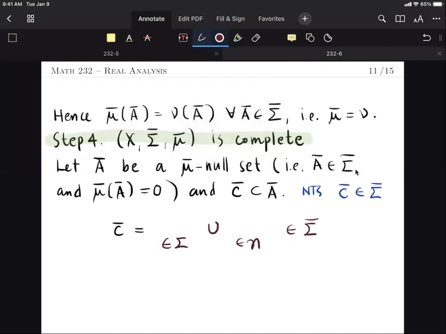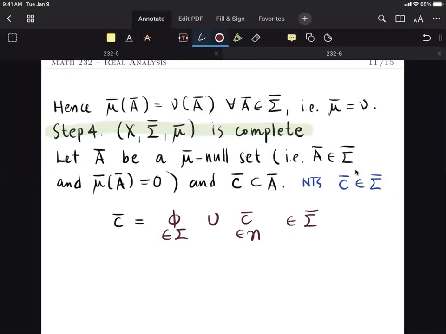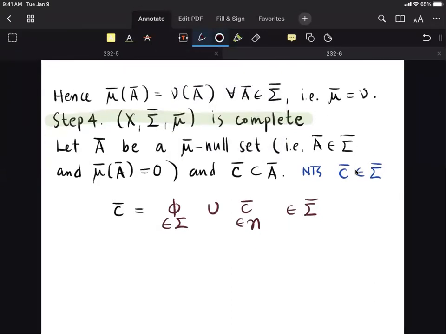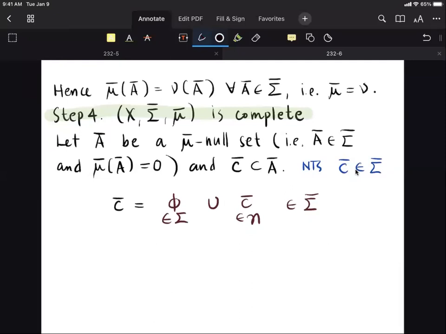Now, I claim that C bar is in N. If C bar is in N, then we are done, because you can take A to be the empty set in the representation of an element of sigma bar.